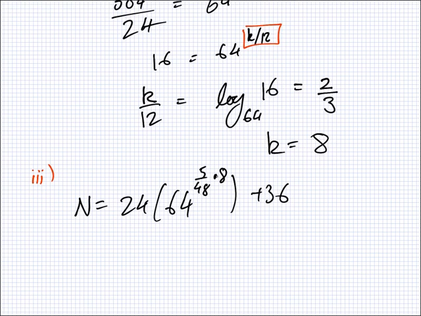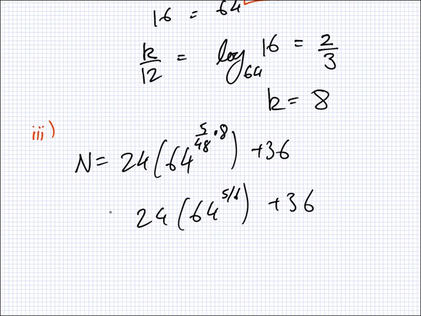Yeah, so 5 over 6. So it'd be 24 times 64 power 5 over 6. 2, 4, 8, 16, 32. 32 times 24 plus 36, is it? What is it? 804. 804.